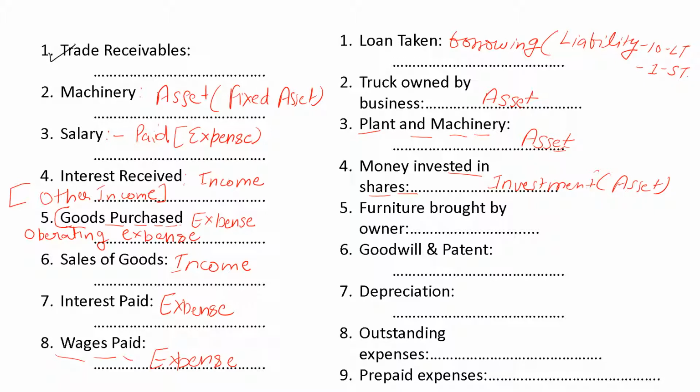Furniture bought by the owner, or anything bought by the owner in kind or in cash, would be termed as capital. In kind it can be furniture, a truck, or anything else, and in cash it can be money, 100 rupees, say 1 lakh rupees. So all that would be termed as capital.